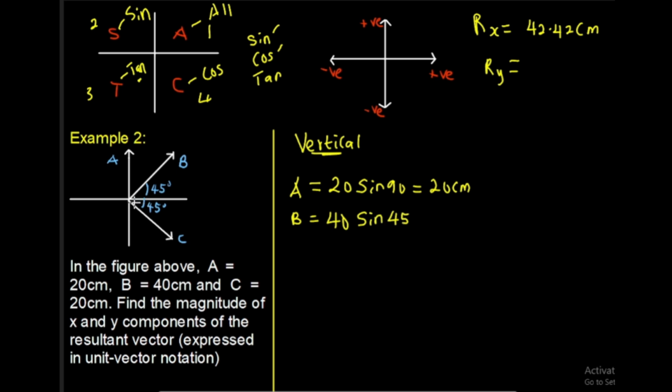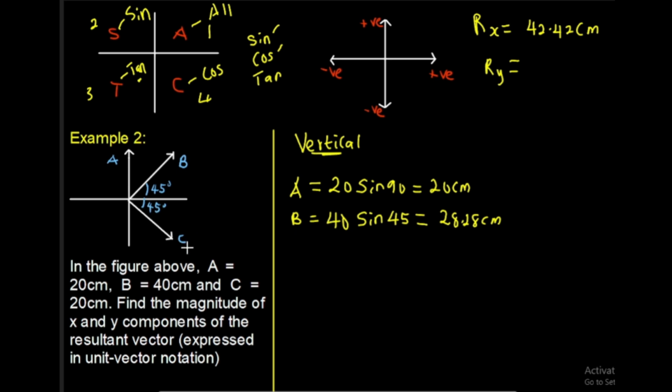Vector B, this is the angle it makes with the horizontal. So we have 40 sine 45, and that's going to give you 28.28 cm. But before we conclude, this quadrant is our first quadrant, and all of them are positive. So since we are using sine, sine is positive, so we are not attaching a negative sign here.